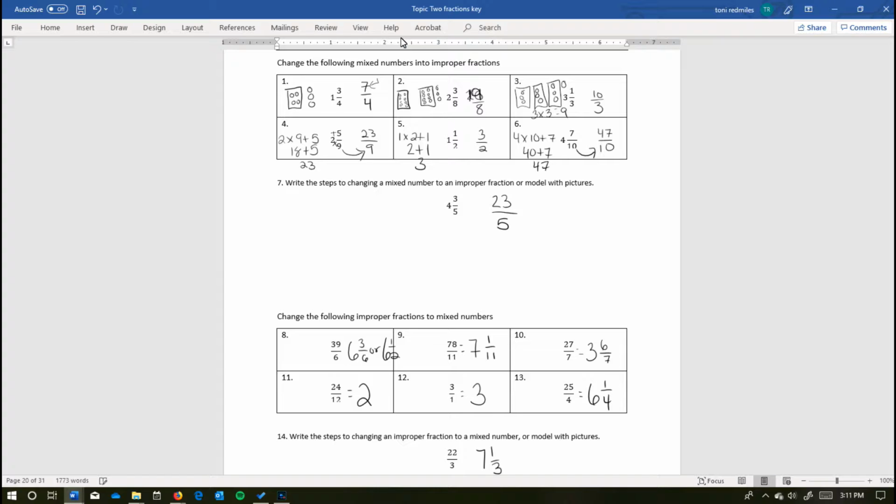All right. So the next one says, write the steps of changing a mixed number to an improper fraction or model with pictures. So the answer is going to be 23 over 5. And you could do this a myriad of different ways.